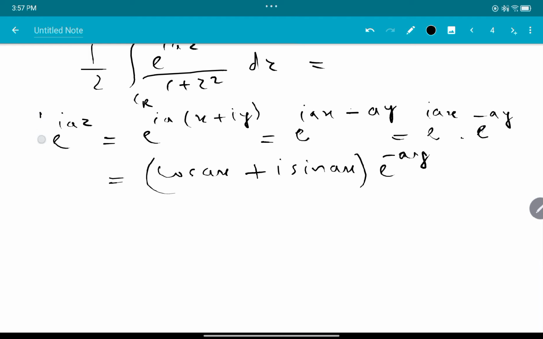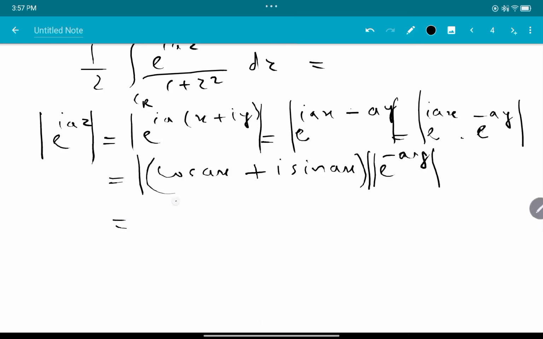Now, the modulus of this is equal to the modulus of this and the modulus of this. You can separate modulus in products. The modulus of cos ax plus I sin ax is root of cos square ax plus sin square ax, which is 1, into the modulus of e minus ay.